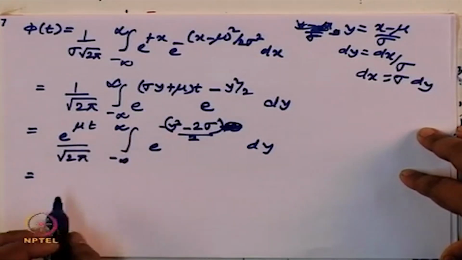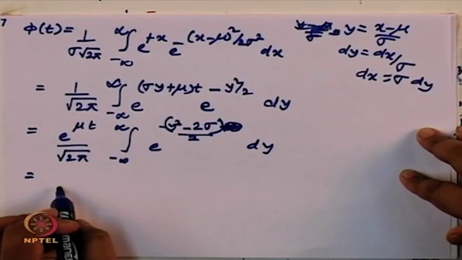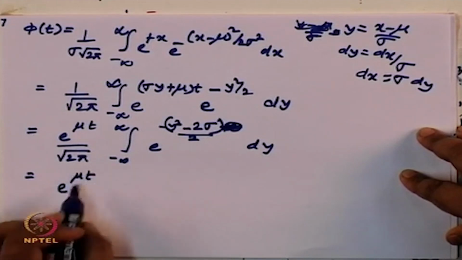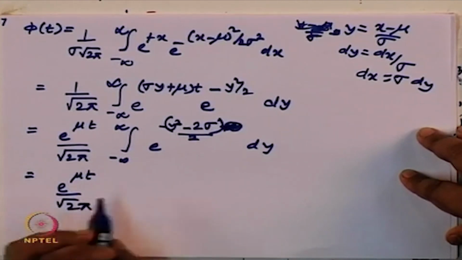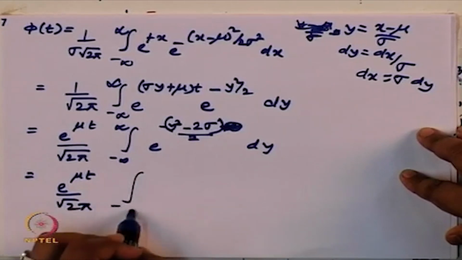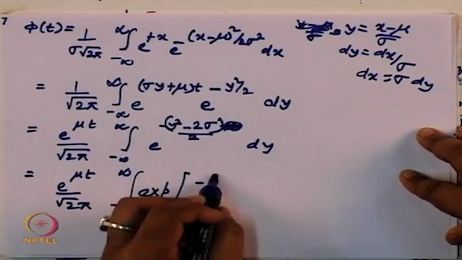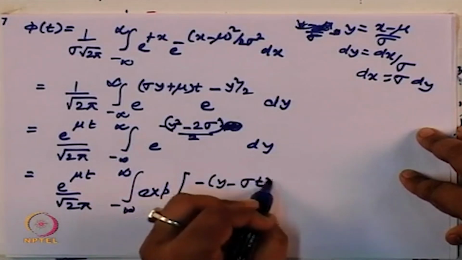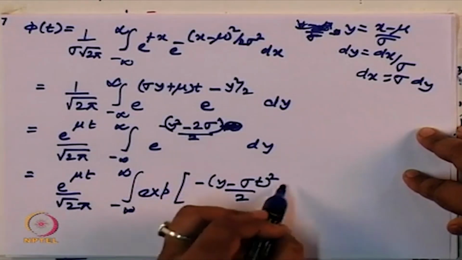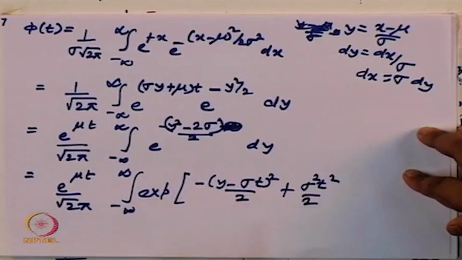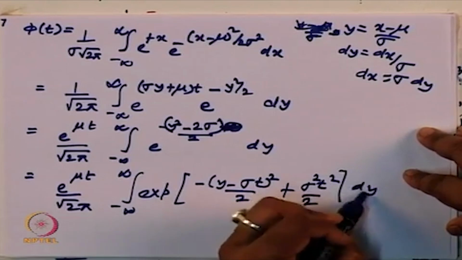So this I can write as e to the power mu t by root 2 pi. I can write minus infinity to infinity exponential. Within the exponential, I can write it as y minus sigma t whole square by 2 plus sigma square t square by 2, into dy.